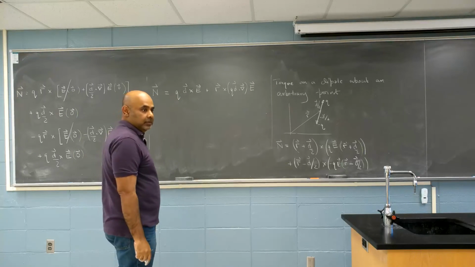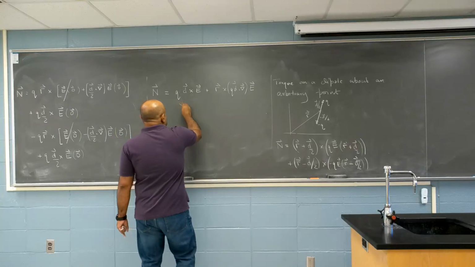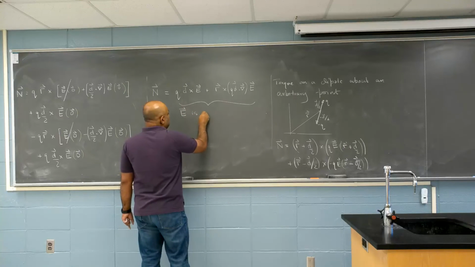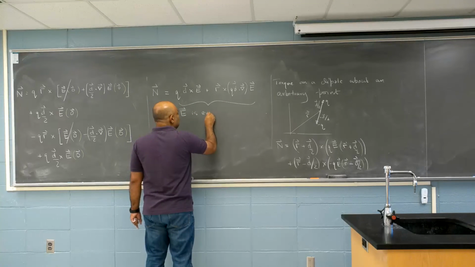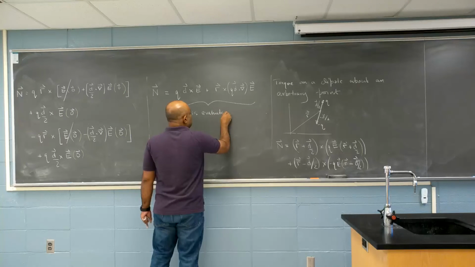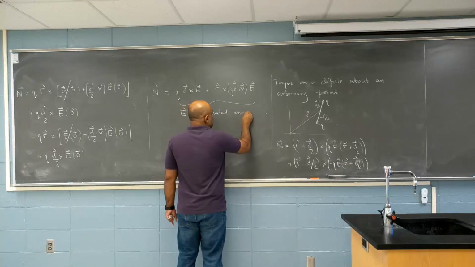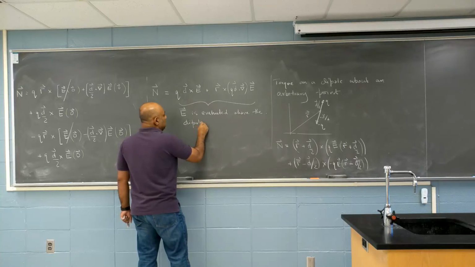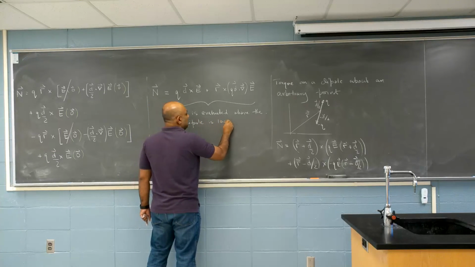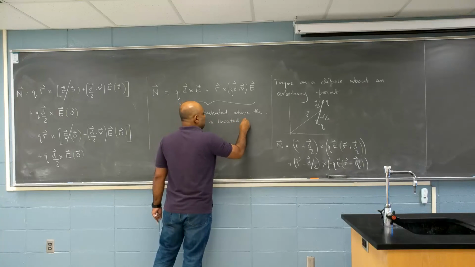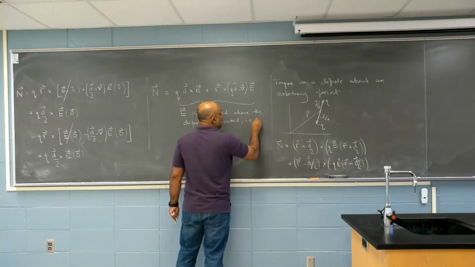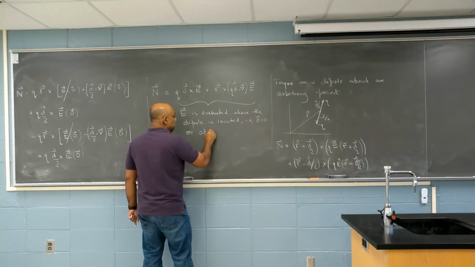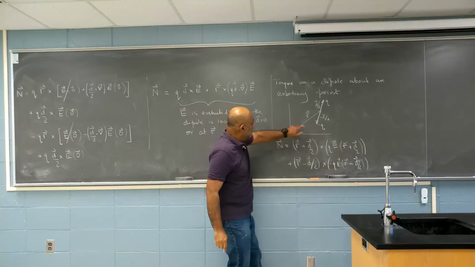So all these terms are where E is evaluated, where the dipole is located, i.e. D is 0, or at R at this point.